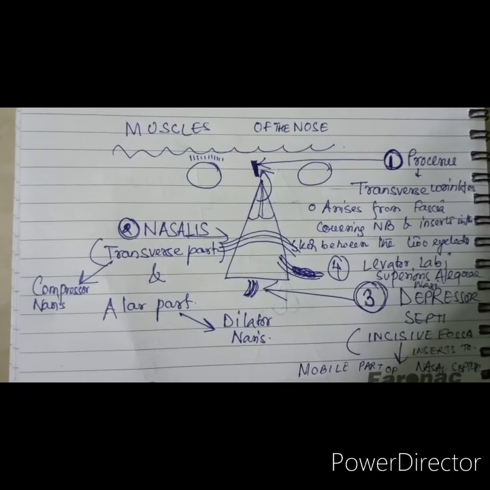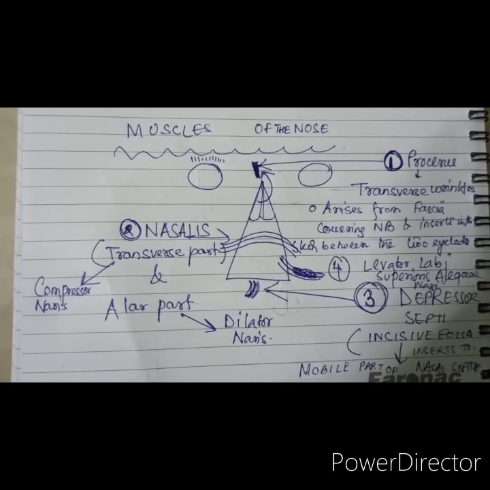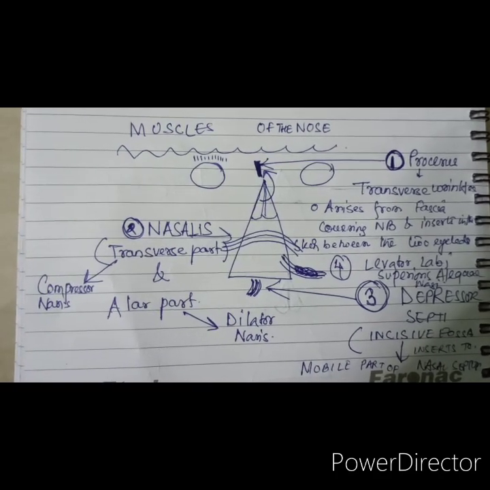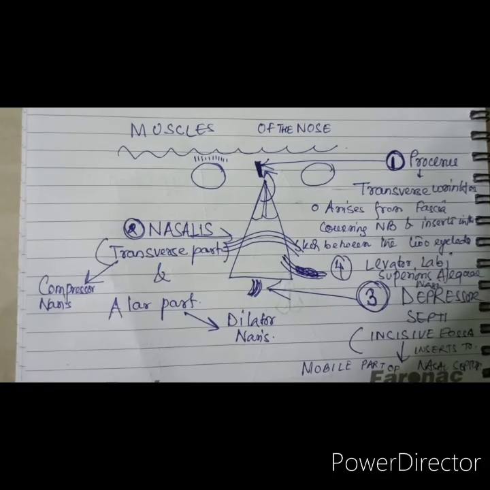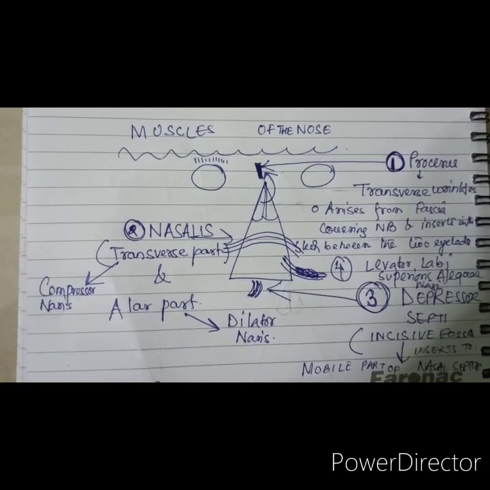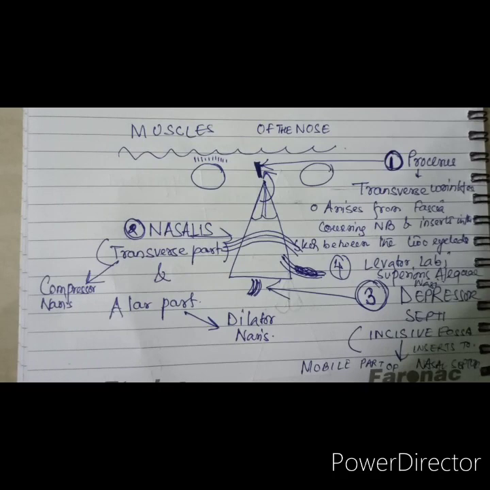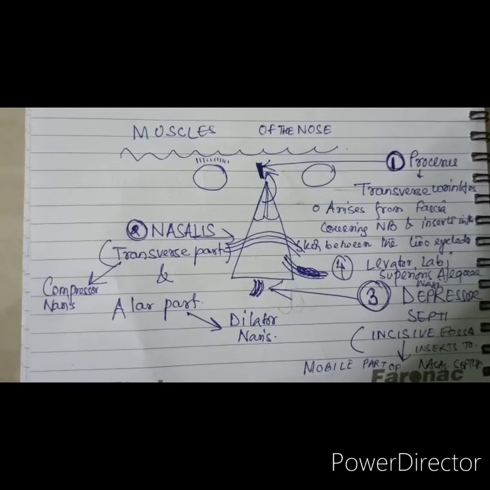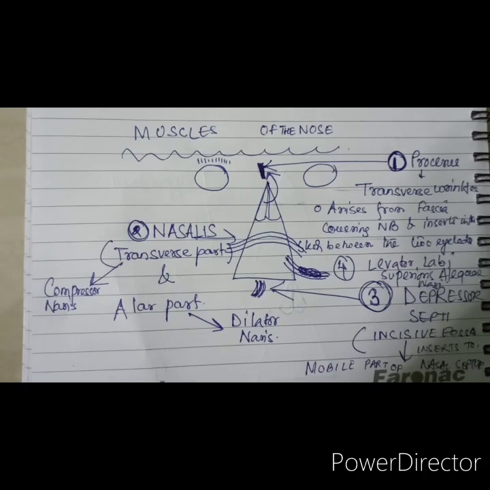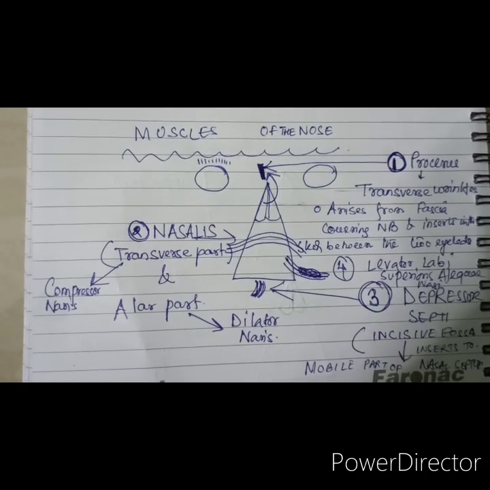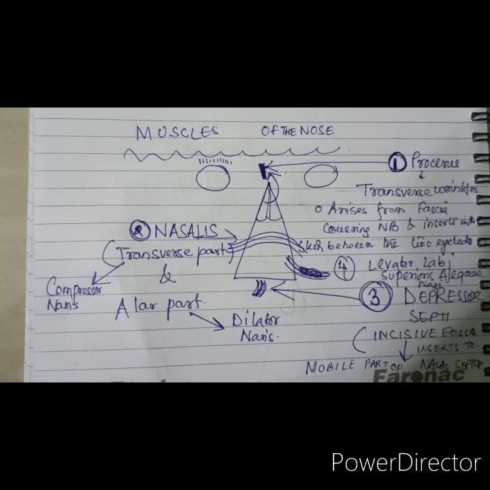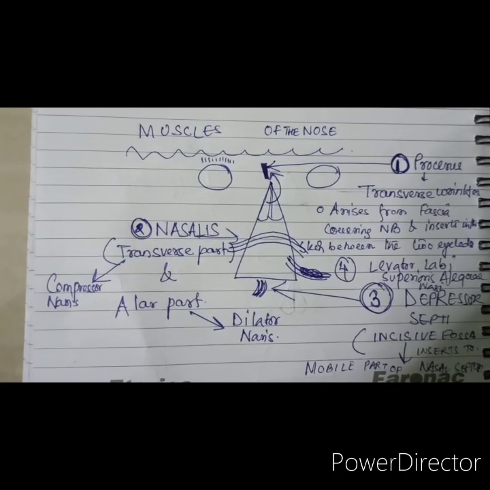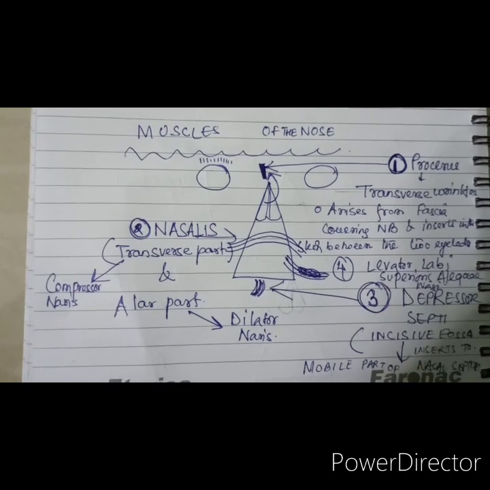From the name itself, levator means it elevates, labii superioris is the upper lip, and alaeque nasi means the nose. So it is attached to the lower nose as well as the upper lip. That is why it is known as levator labii superioris alaeque nasi. So these are the 4 important muscles of the nose.